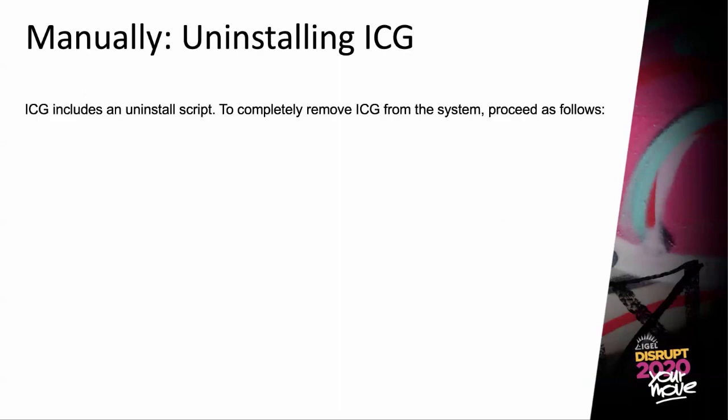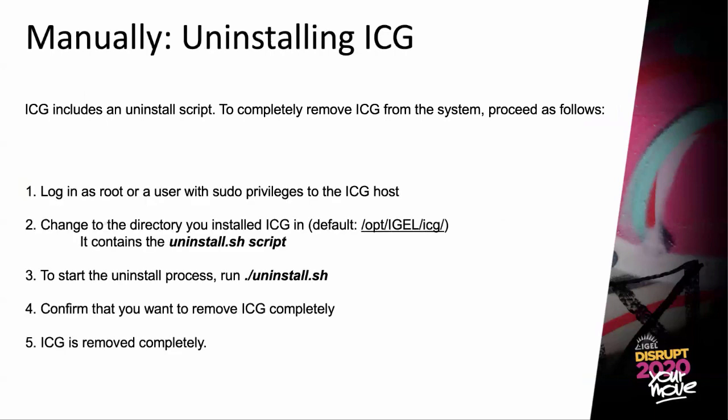So, manually uninstalling the ICG. If you want to uninstall the ICG manually, there is a way to do this, because ICG includes an uninstall script. To really completely remove it from the system, there are some steps needed.